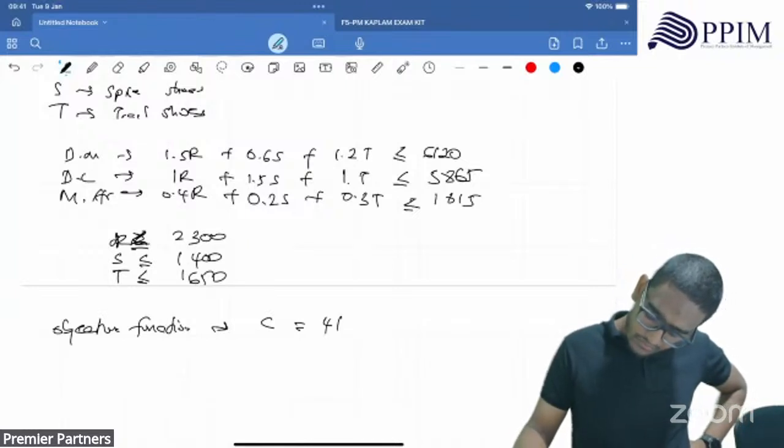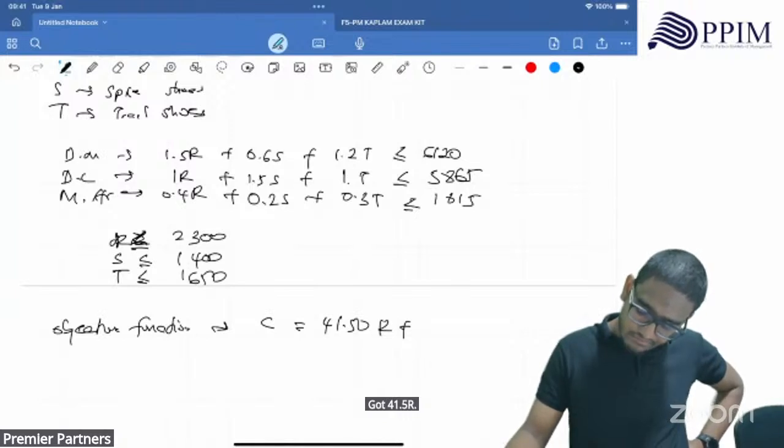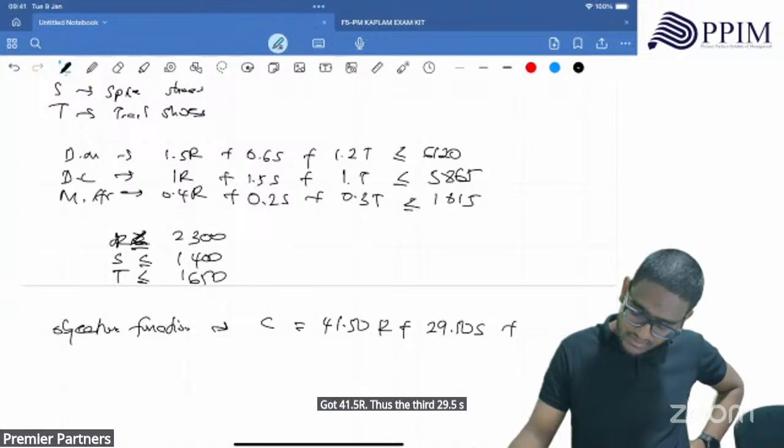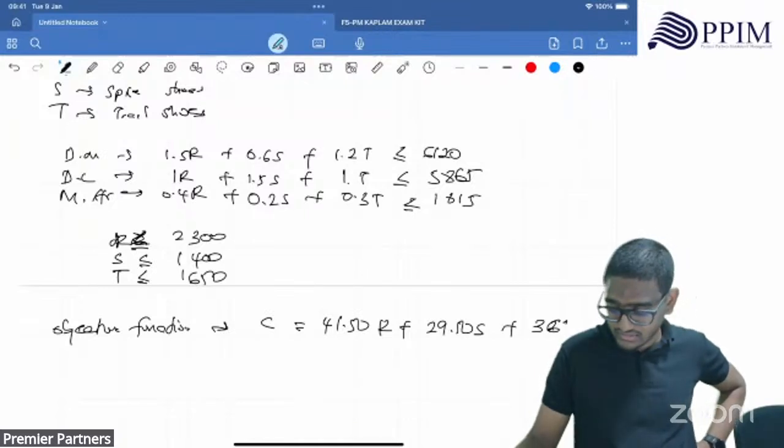Got 41.5 R plus the 29.5 S plus 32, no? 36 T.